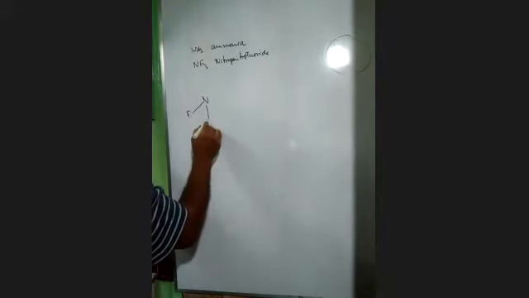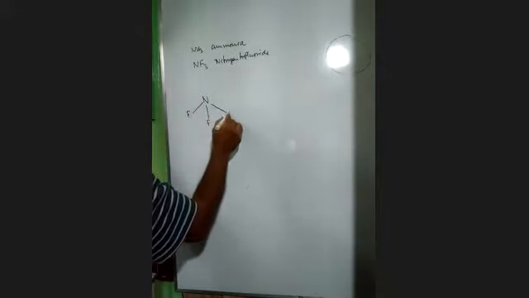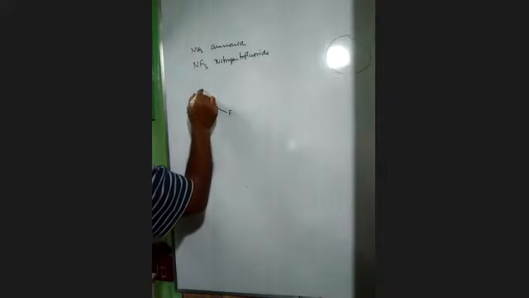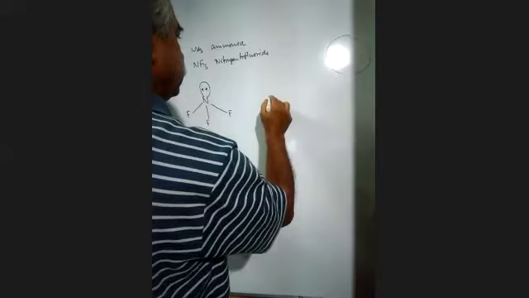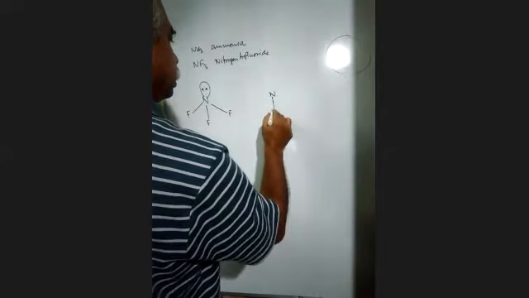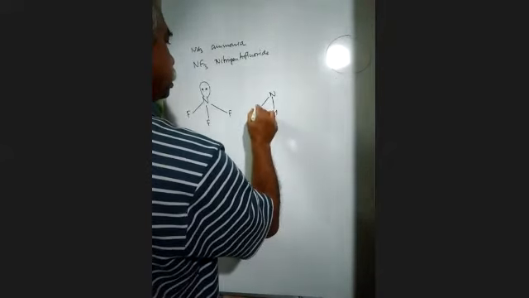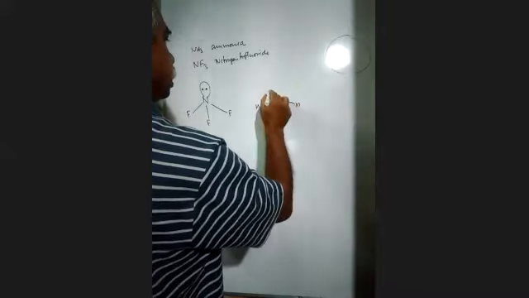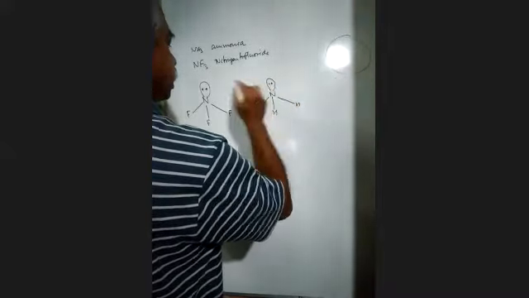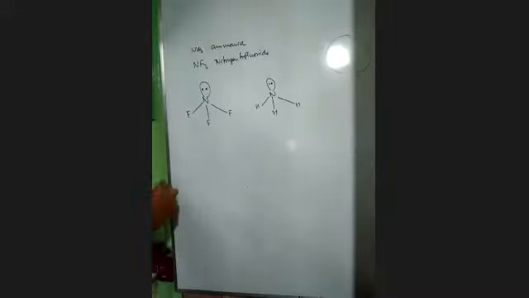Okay. Now see here. This is N. And this is the lone pair.